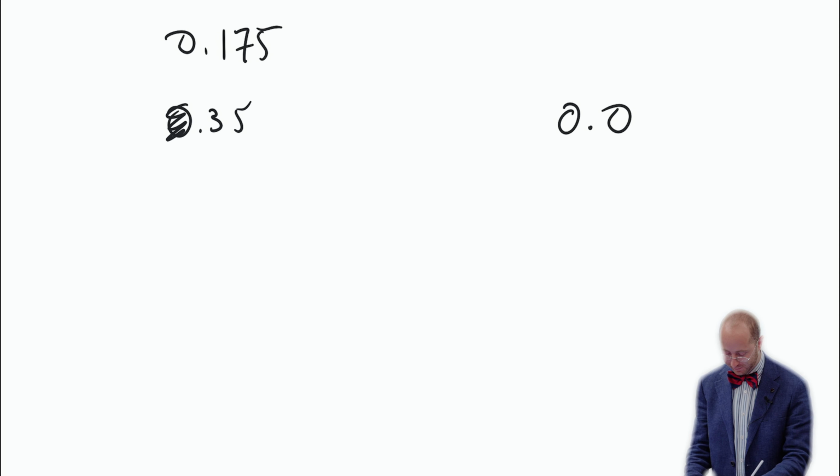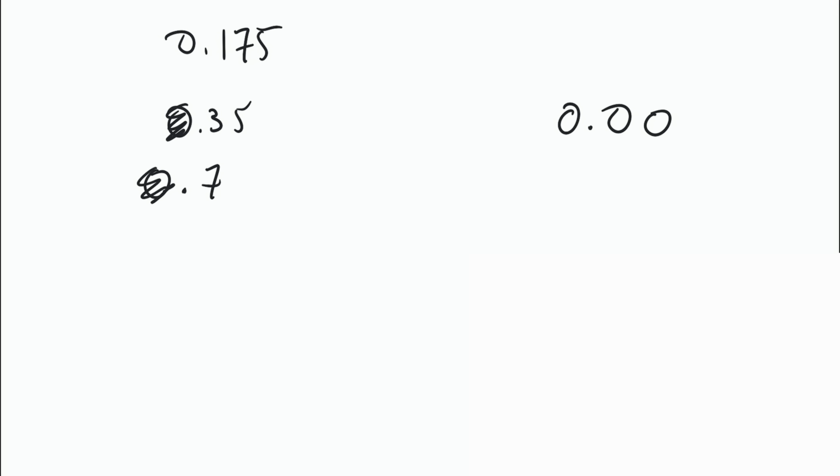Multiply by 2 again, which is 0.7. Take the leading digit, 0. Multiply by 2 again, 1.4. Take the 1. Multiply that by 2 again, 0.8.